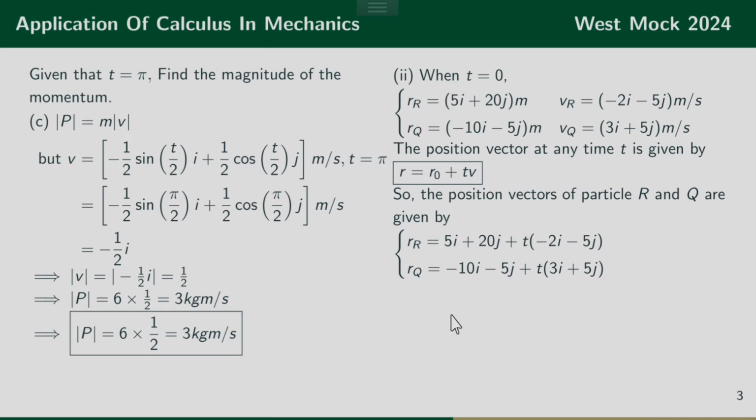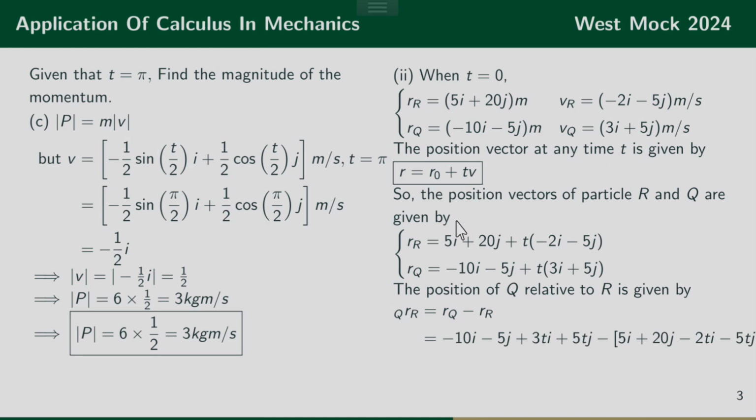Now, I've been asked to find the relative position of Q relative to R, which is a notation, and it's equal to the position vector of Q minus the position vector of R.